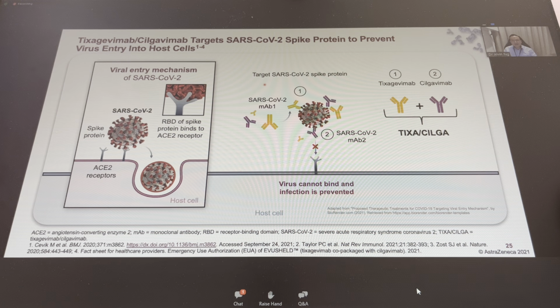In the tixagevimab treatment, we see that these two monoclonal antibodies are able to bind on the spike protein of the SARS-CoV-2 virus, and of course they can bind onto two different epitopes of the receptor binding domain of the spike. Therefore, this makes the virus not able to bind onto the ACE2 receptor of the host cell.